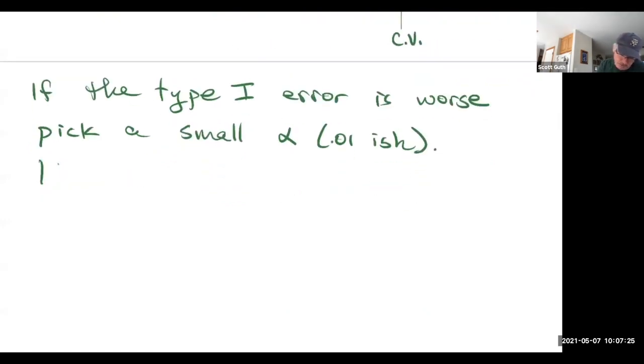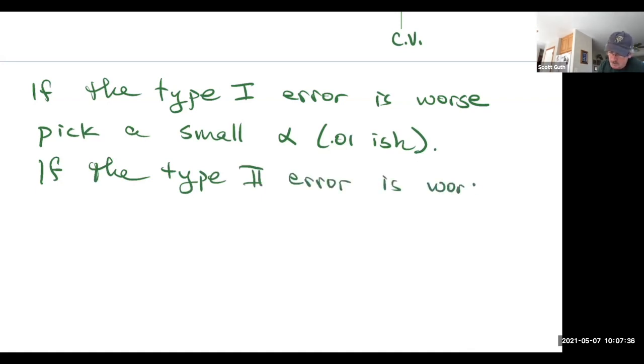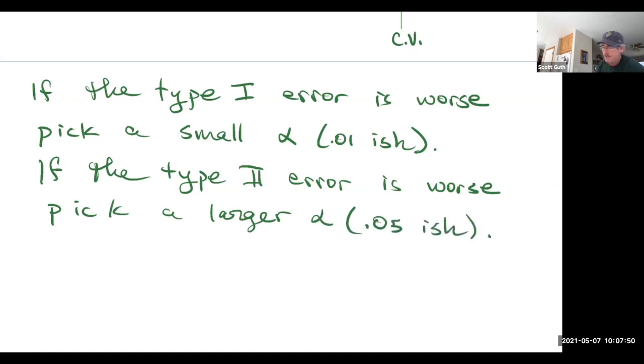Okay, if the type 2 error is worse, we would pick a larger alpha. And again, I'll just say 0.05-ish. Okay, but I've seen, and it's also a matter of, well, how significant does it need to be?